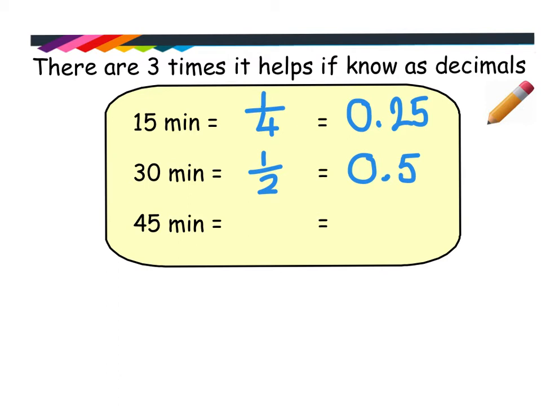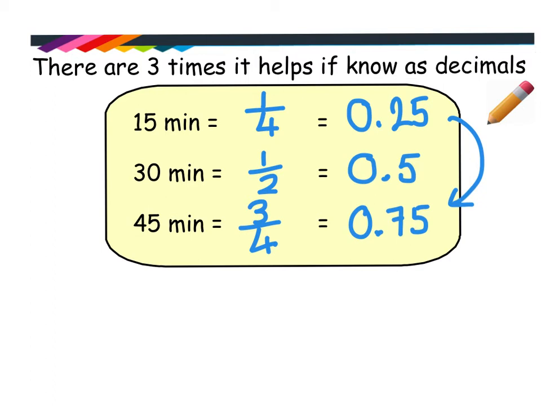That's wrong, it's 2.5, okay? 30 minutes does not equate to 0.3 because our number system is out of tens, hundreds, thousands, but our time system is out of 60s. And then the last one, 45 minutes, is 3/4 of an hour, so it's 3 lots of that one, which is 0.75. So 3 decimals to learn off by heart here.